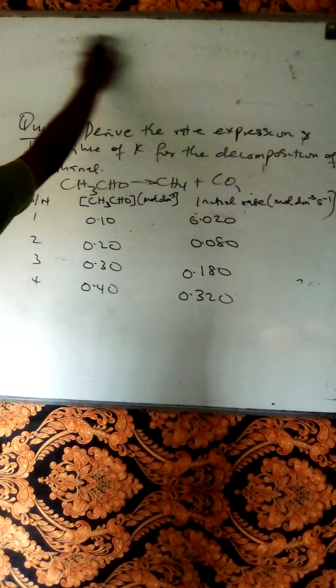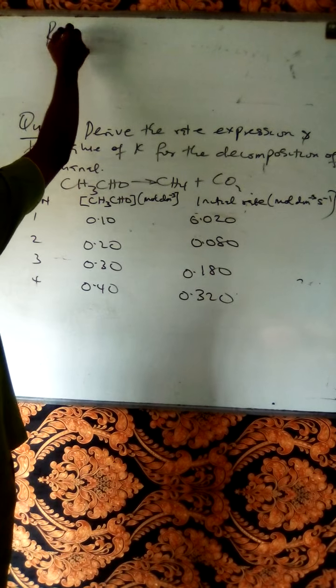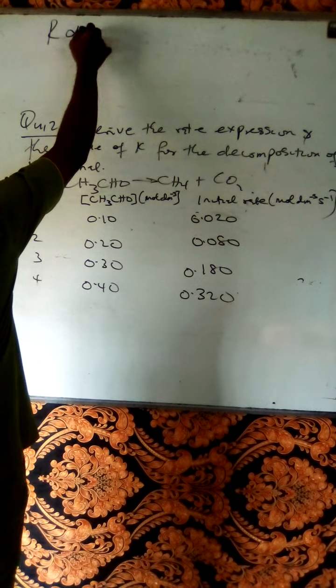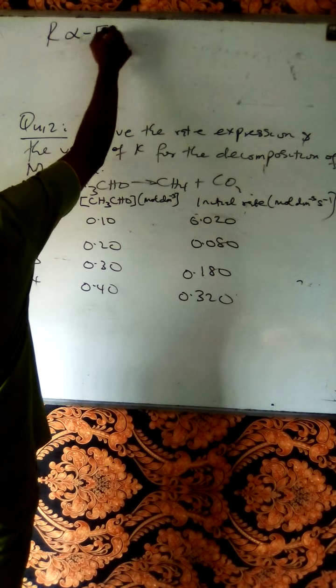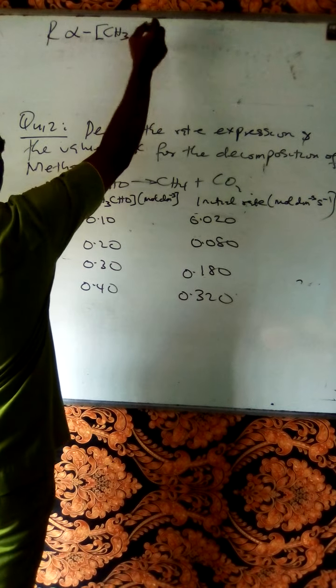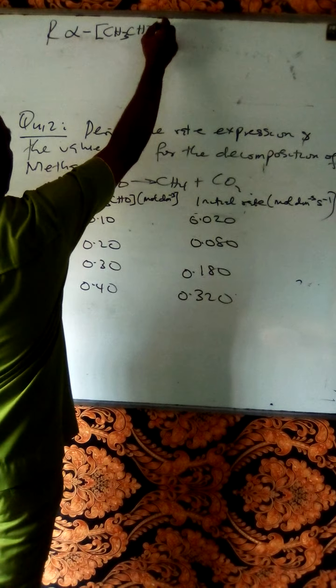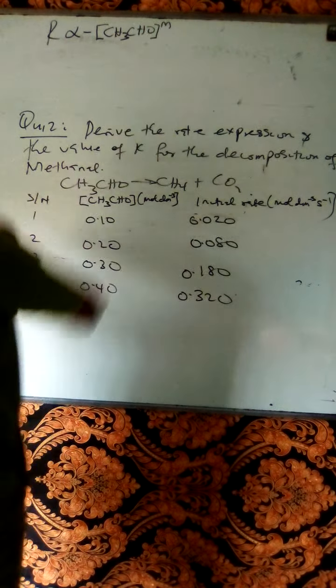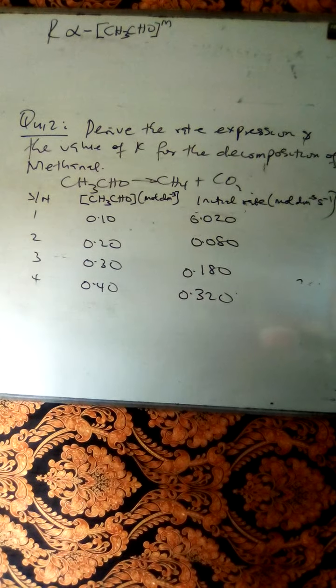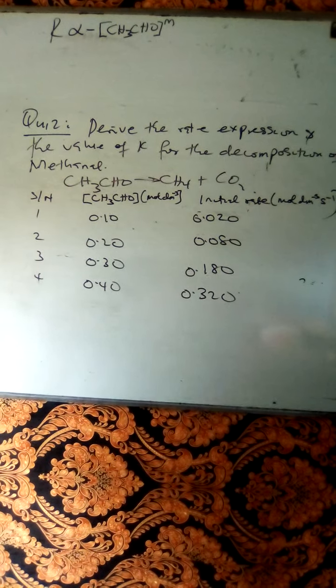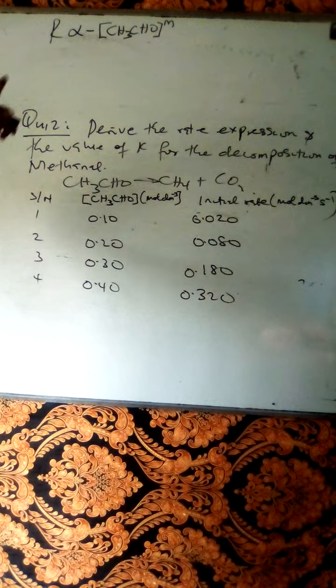We now write R varies directly as the concentration of methanol, CH3CHO, to the power, let me call it M. That M is the order of reaction, which we are trying to find.